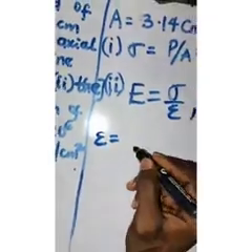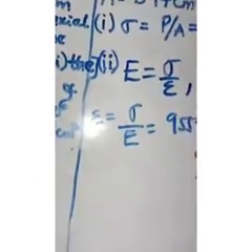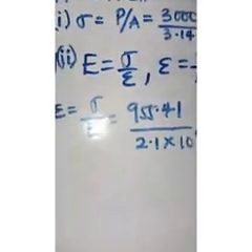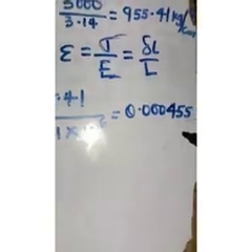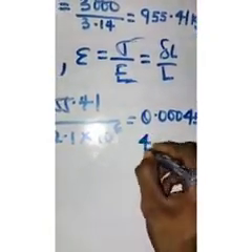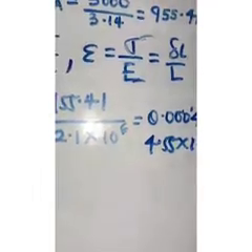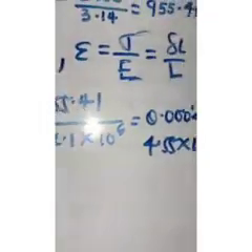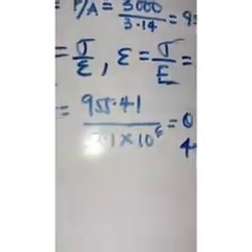Using stress over Young modulus, I'm going to have 955.41 over 2.1 times 10 raised to power 6. So I'm going to have an answer as 0.000455, or better, 4.55 times 10 raised to power minus 4. Your strain does not have any SI units, because it is change in length over the original length, and the units cancel each other. So that is the answer.